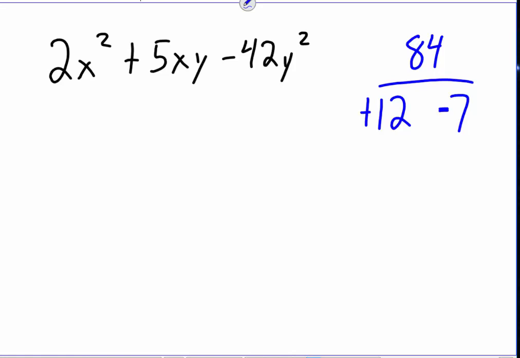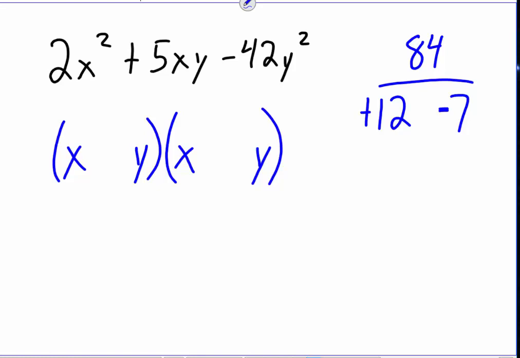Now, I come back over here and I'm going to do just like I did before with one exception. Before, I put an x in the front of both and then just put the numbers in, but because I've got a y squared back there, I need a y here and here. Now I'm going to put my numbers in, so plus 12 and a minus 7.